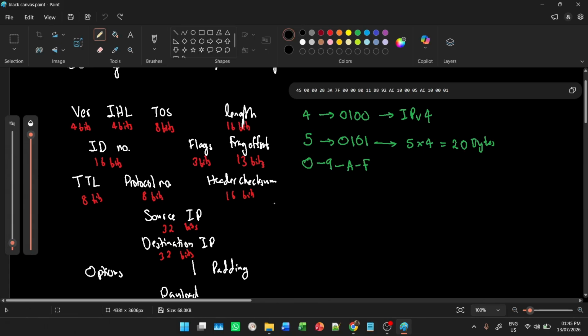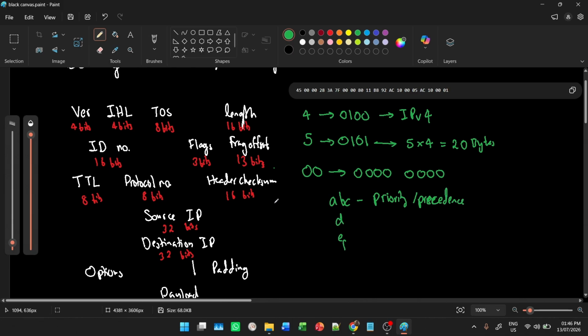Anyways, let's focus on this. Next we have 00. This is the 8 bits of type of service. If we write that in binary, we're going to get something like this. I think you may have all known we wrote something like this. A, B, C is for priority or precedence.